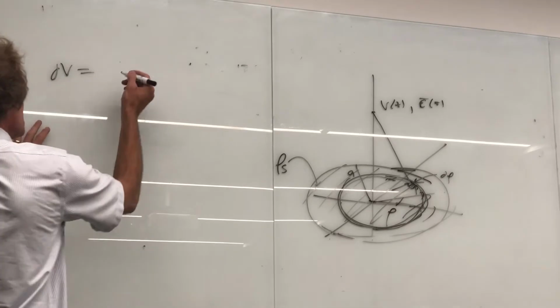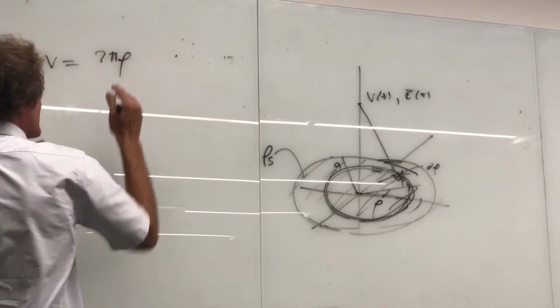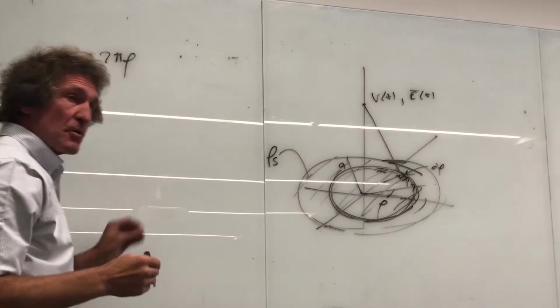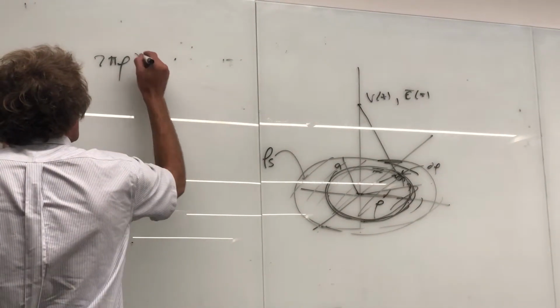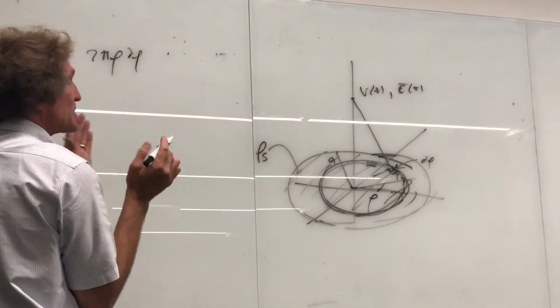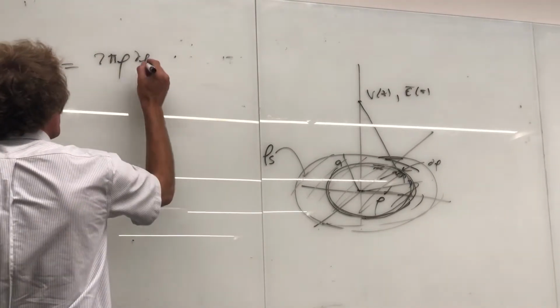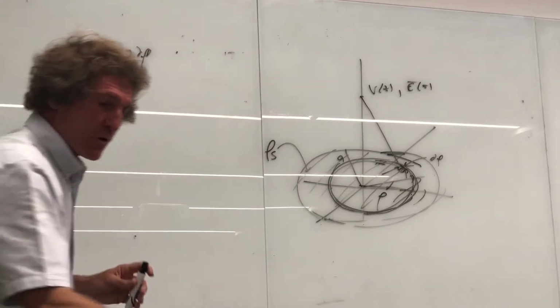So how much charge? It would be 2 pi rho. That's the circumference of this loop, isn't it, right there at a radius rho. And it's times the thickness, d rho. So that's going to be the surface area. And then I have to multiply it by rho s.